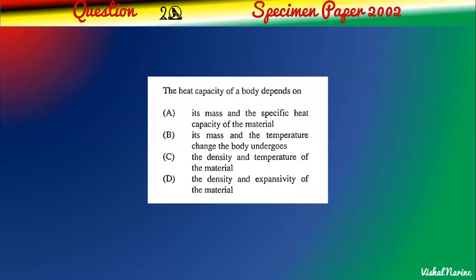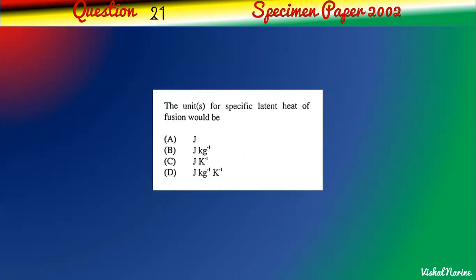Question 20. The heat capacity of a body depends on. Okay, so if the person got this correct, it is A, its mass and the specific heat capacity of the material. 21.